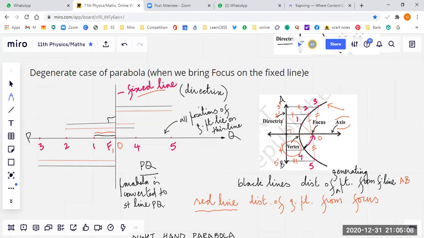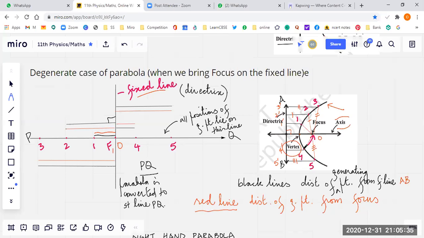Now students, let's see how the parabola degenerates. The parabola was created by a generating point which occupied infinite positions. All the positions that the generating point occupied were equidistant from the directrix and the focus.